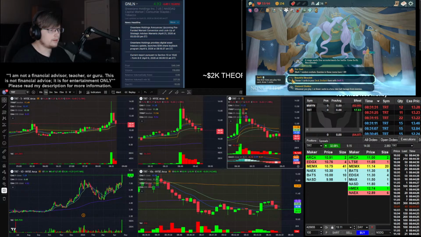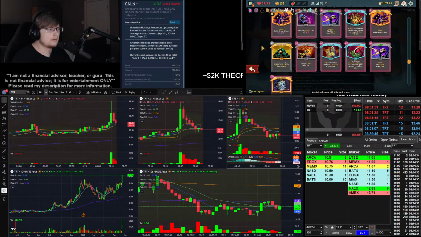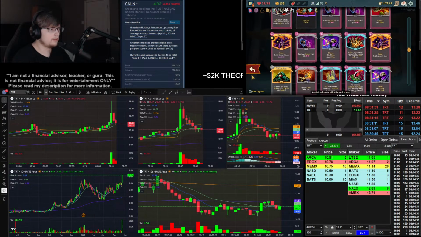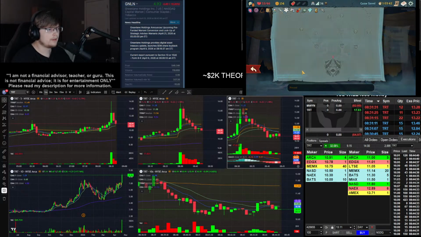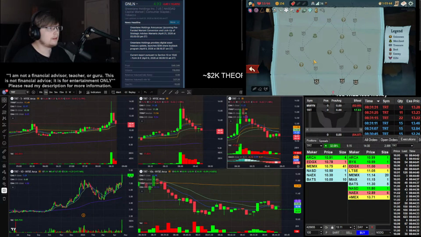Swift 3. I actually really like this Diamond Diadem for my build. It makes sense.